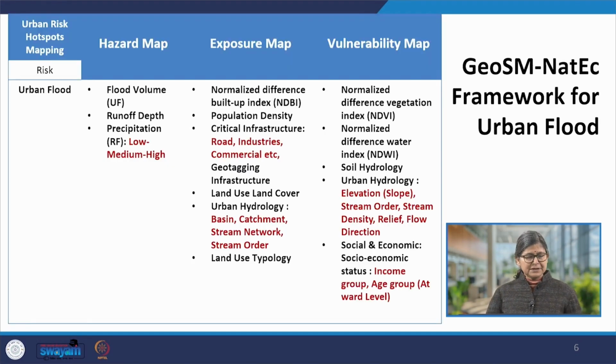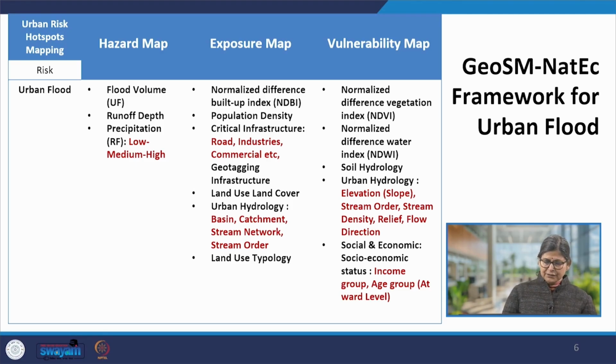So, in yesterday's class also we discussed this particular table for urban flood. The urban risk hotspot mapping, the risk is the flood, urban flood. Hazard map, we discussed the flood volume, run-up depth and the precipitation. Exposure map: NDBI, population density, critical infrastructure mapping or geotagging also.